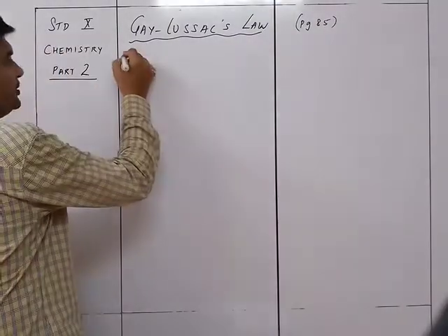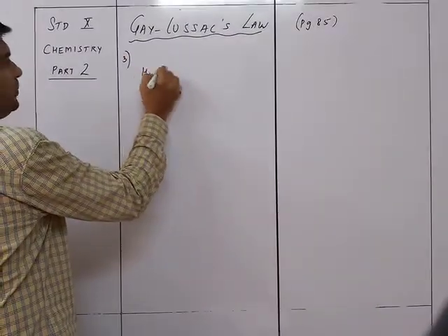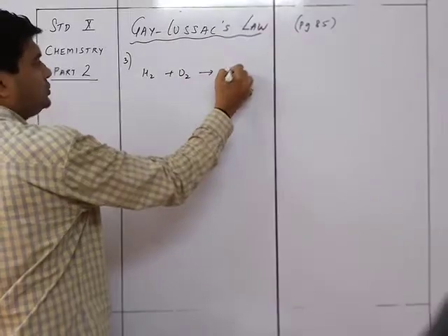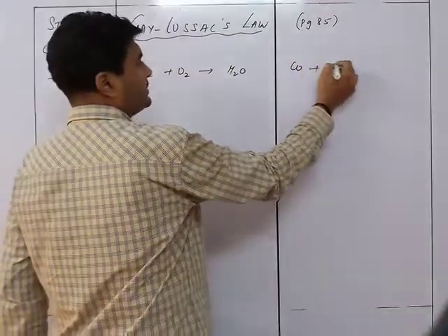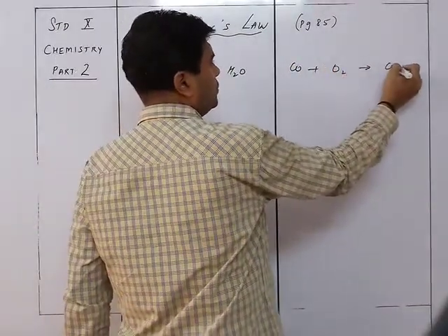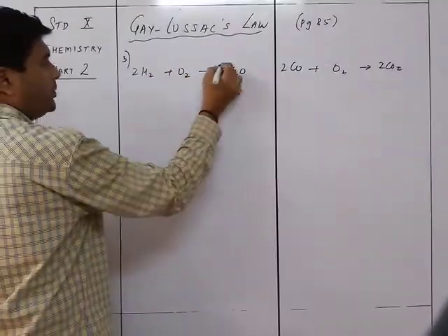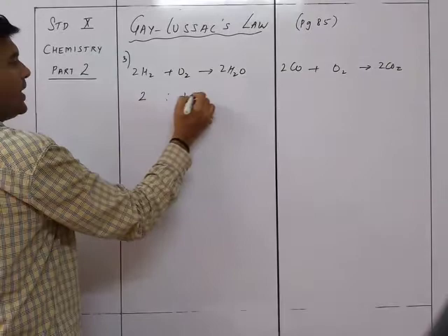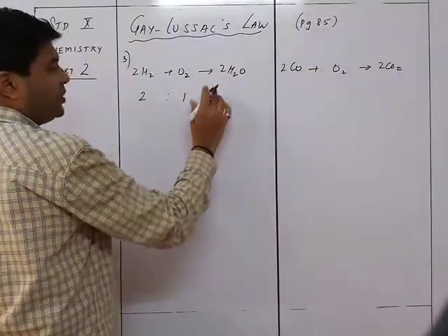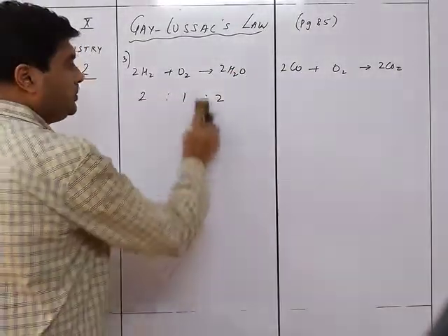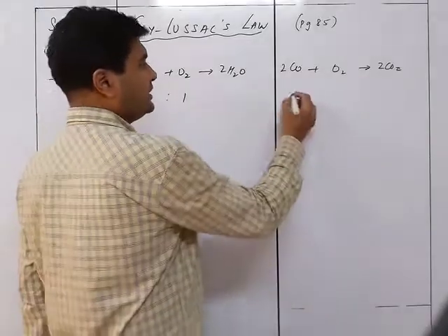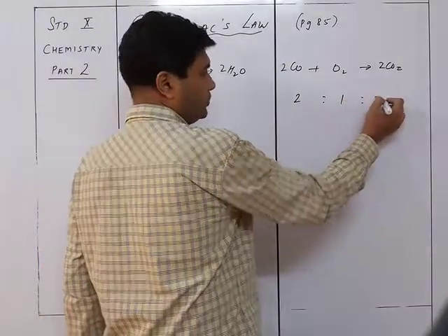The first one is H2 plus O2 giving H2O, and CO plus O2 giving CO2. Balancing, it will be 2 and 2 over here and 2 and 2 over here. So the ratio is 2:1:2. This one I will not consider because it is going to be water, and this I'll consider as 2:1:2.